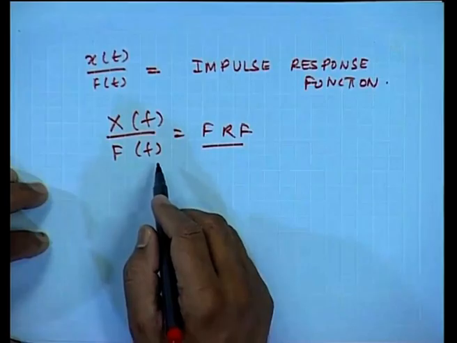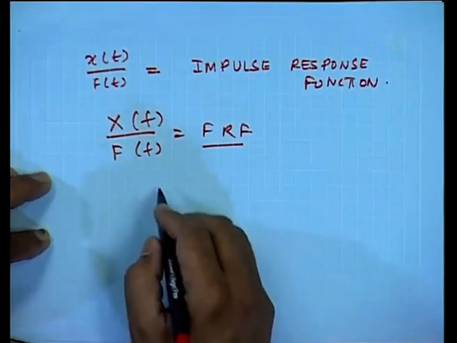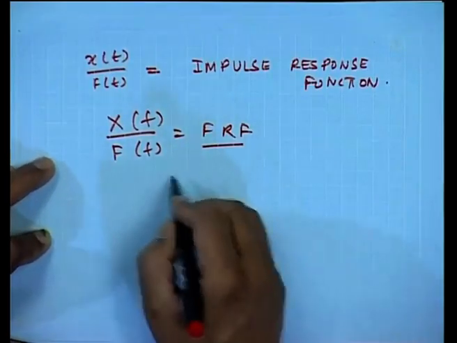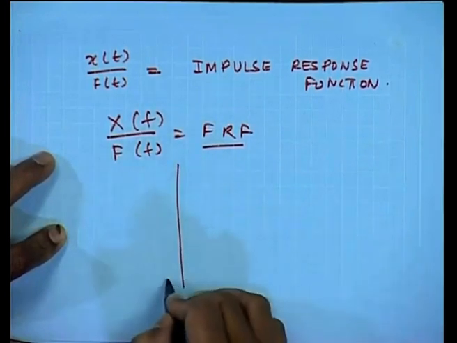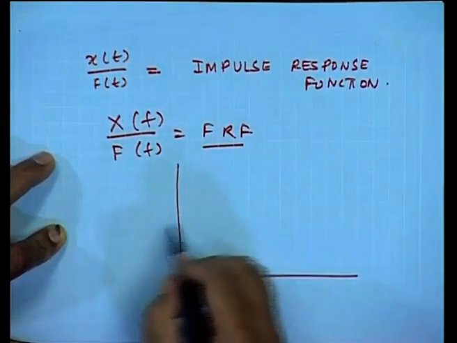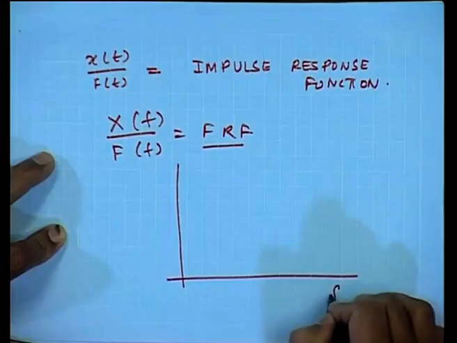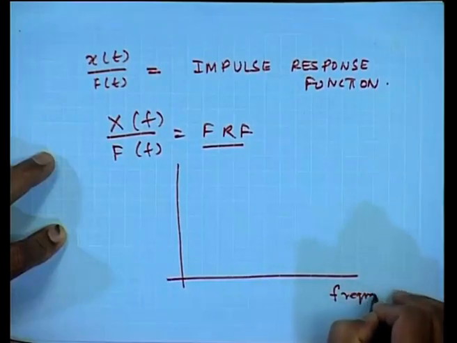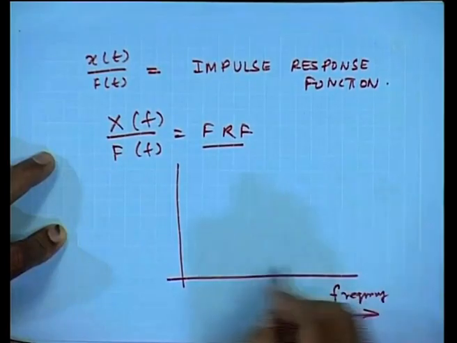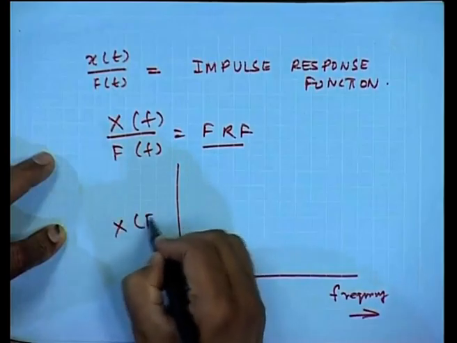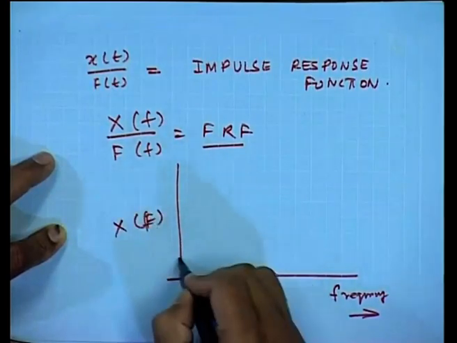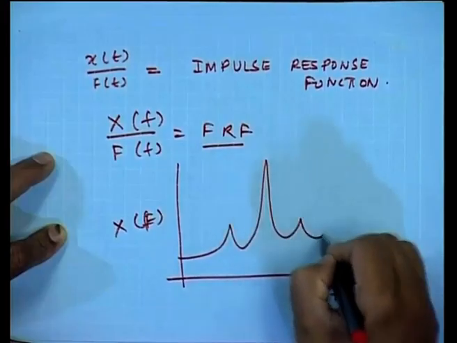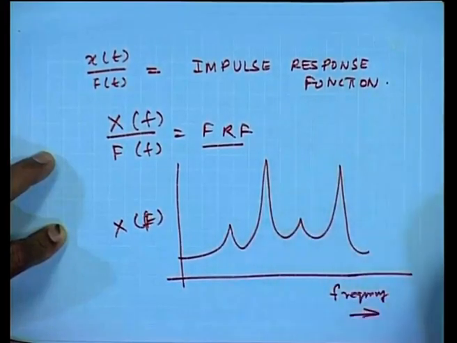So, as a designer or as a condition based engineer, for example, if I measure the response of a system and try to obtain the frequency distribution, though we will discuss this later on, I get a response like this.